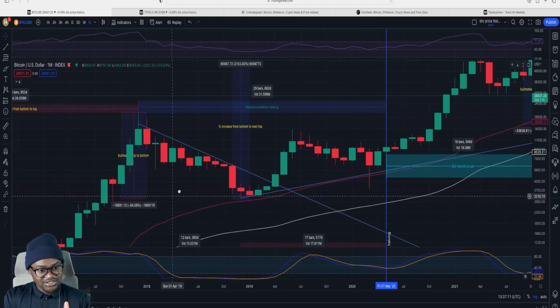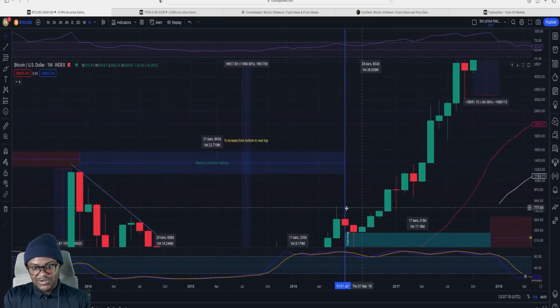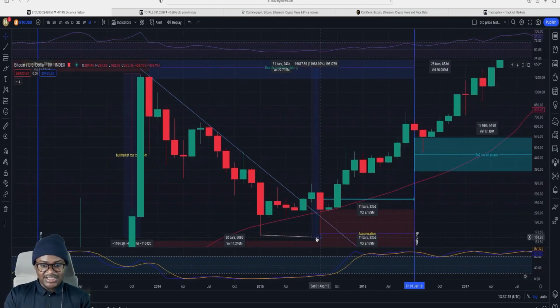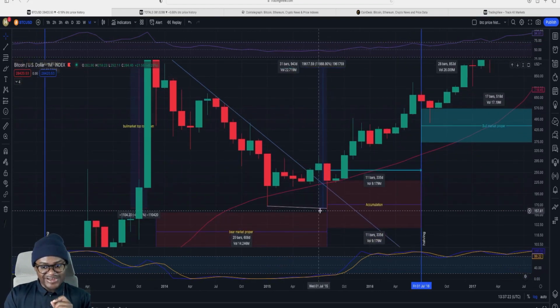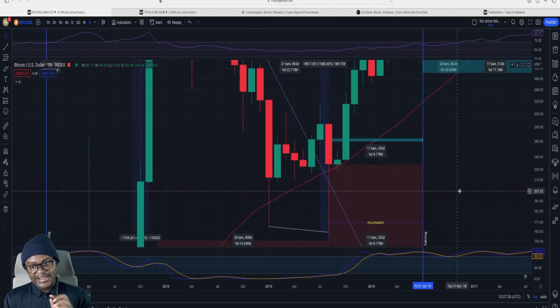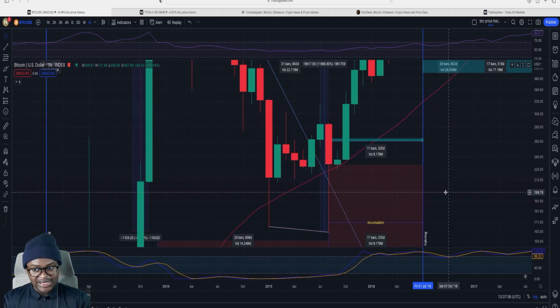Now this does not really apply for the 2015 cycle, because after closing that monthly candle we still came back to retest our base, and actually we went a bit lower than the base. This is where I have that idea that if we go to 14k, especially if we go to 14k without even going to 47, we could actually be playing out a Wyckoff accumulation schematic.